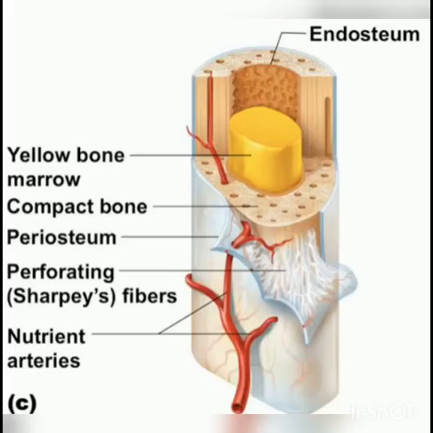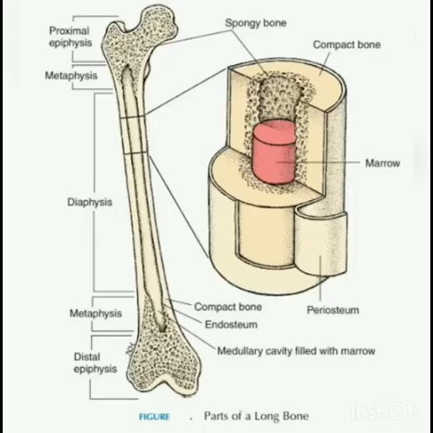Periosteum: the outer fibrous layer is dense, irregular connective tissue. The inner osteogenic layer consists of osteoblasts, that means bone forming cells, which secrete bone matrix elements, and osteoclasts, that means bone destroying cells.